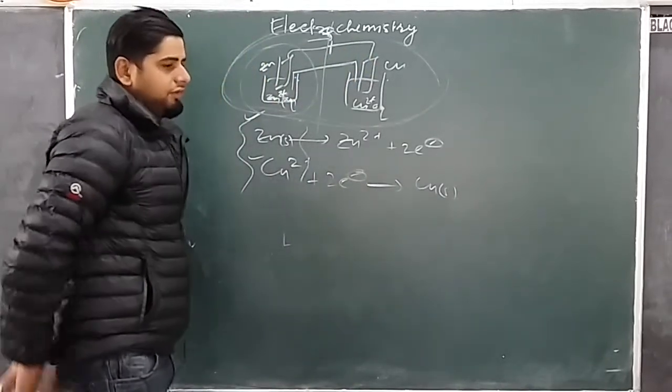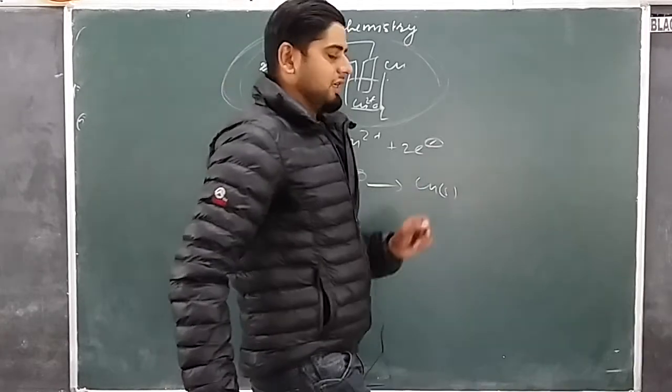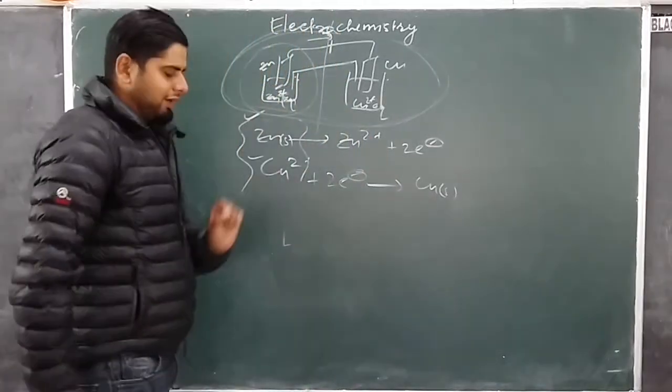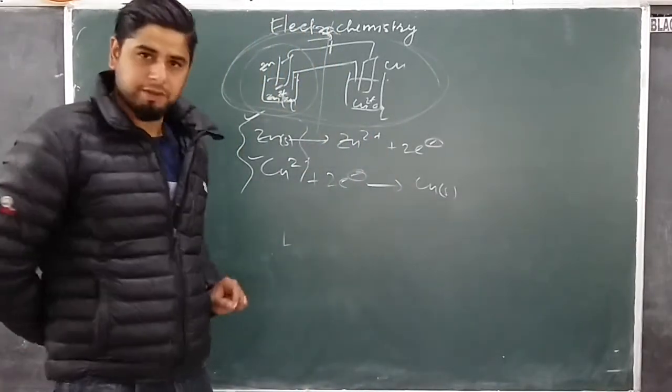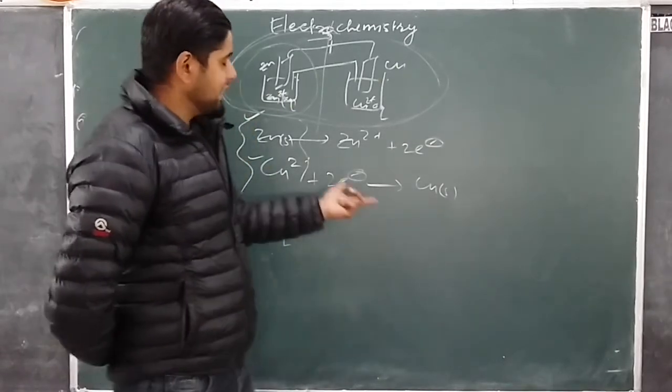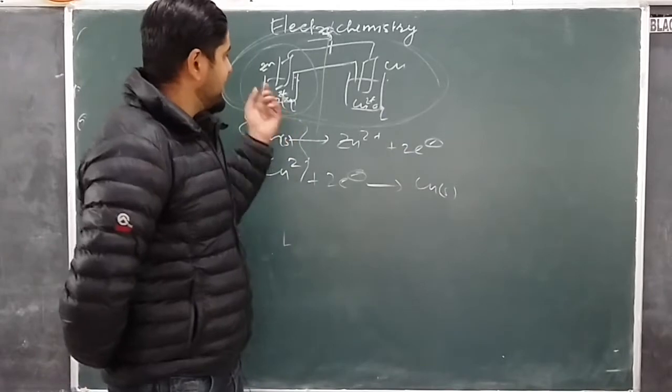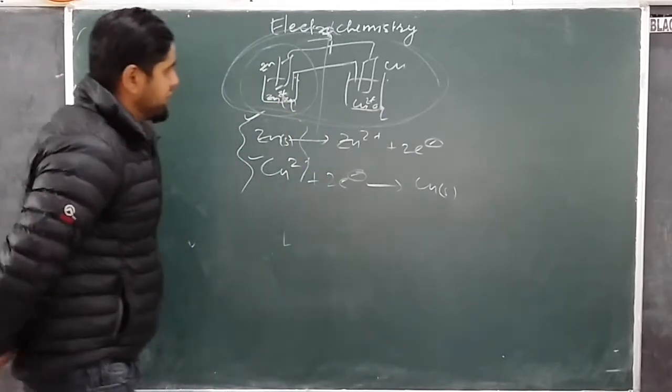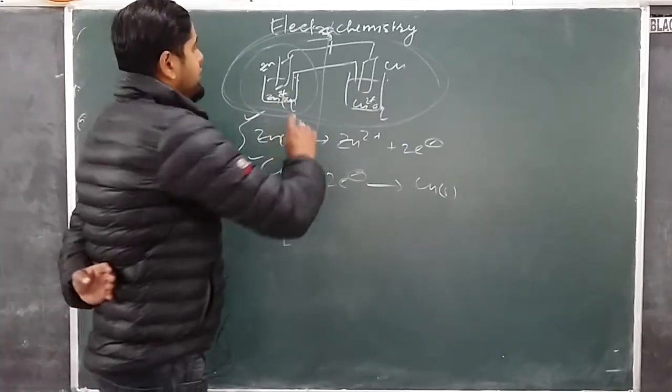If we buy any cell, for example, a cell of your wristwatch, here a chemical reaction is occurring and it is producing electric current. Then your watch is running. Yes or no?